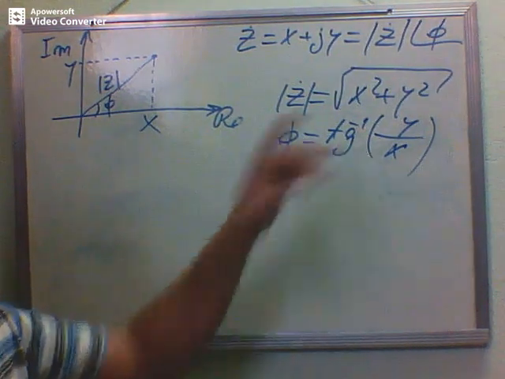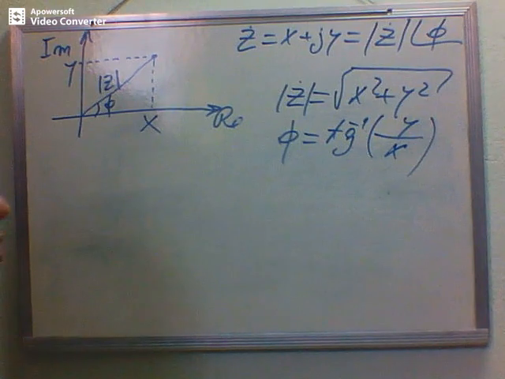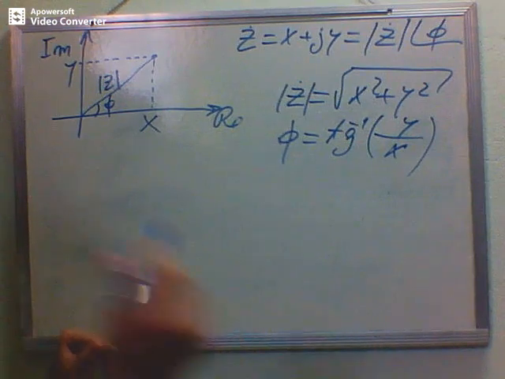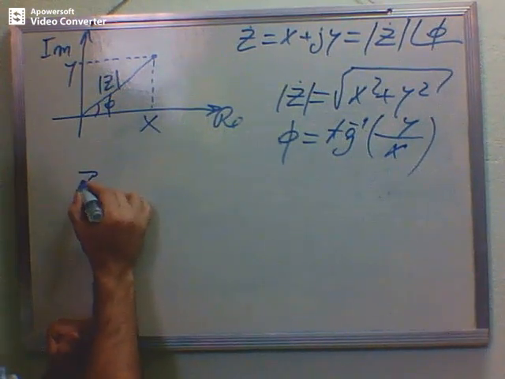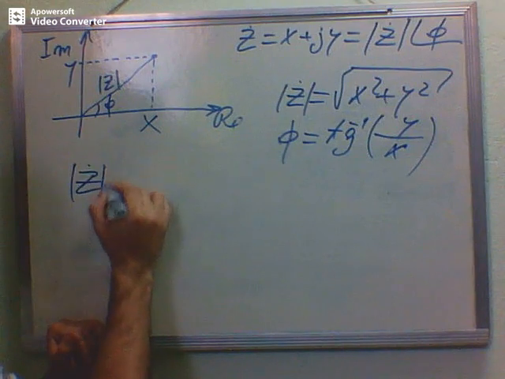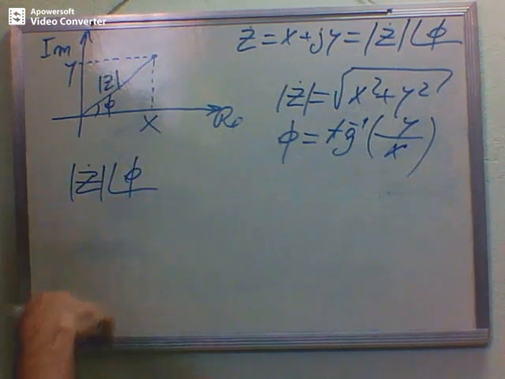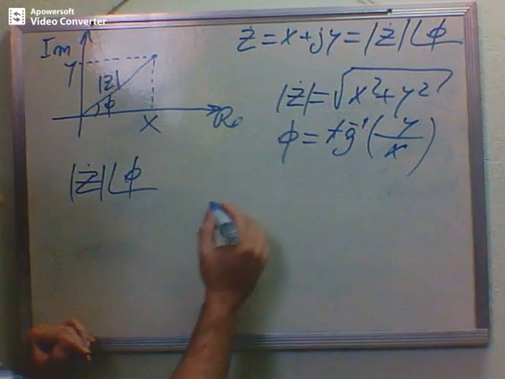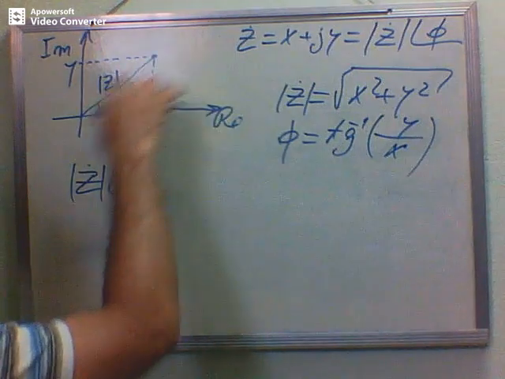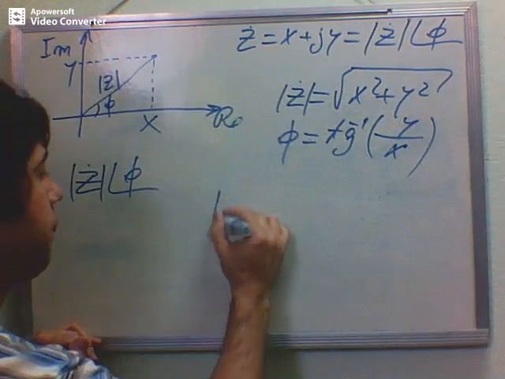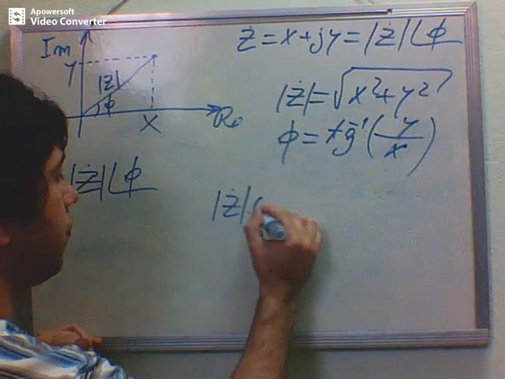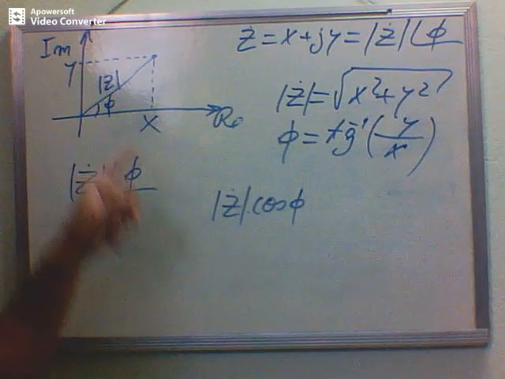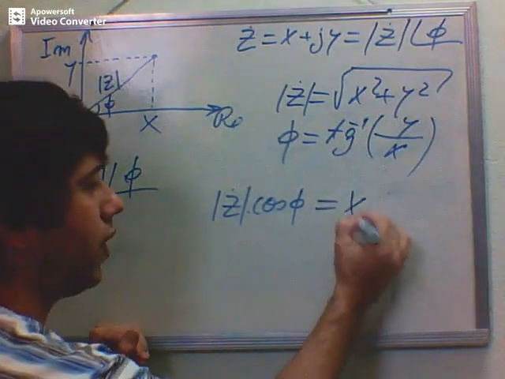Alright, now how do we do the opposite? To do the opposite, what we need to do is to understand that if we have this and want to find this, we can simply do this thing here. See that this is the hypotenuse of the triangle. If you multiply it by the cosine of this angle, you have x.